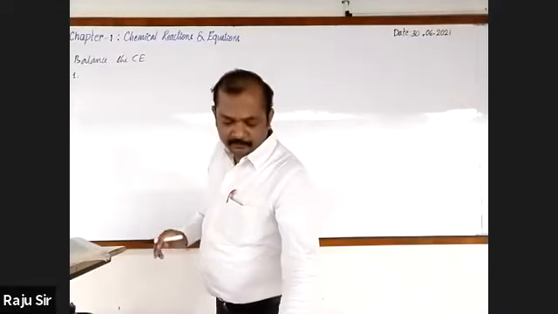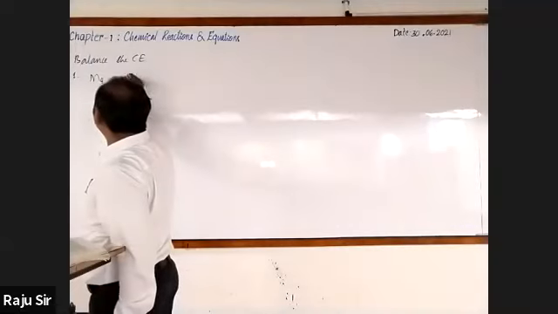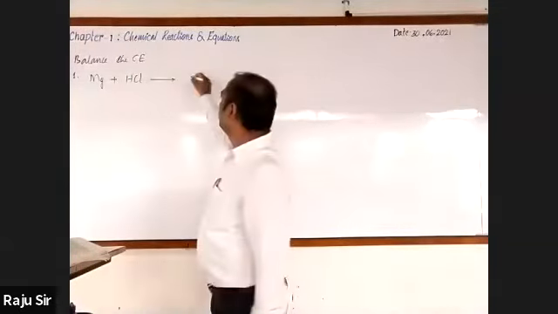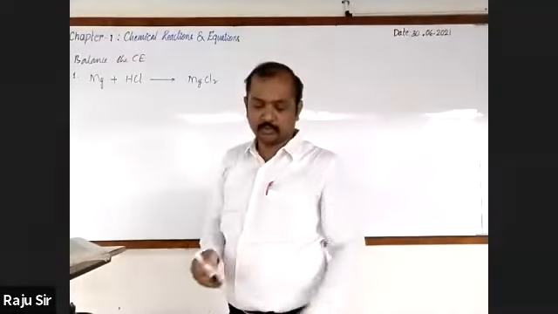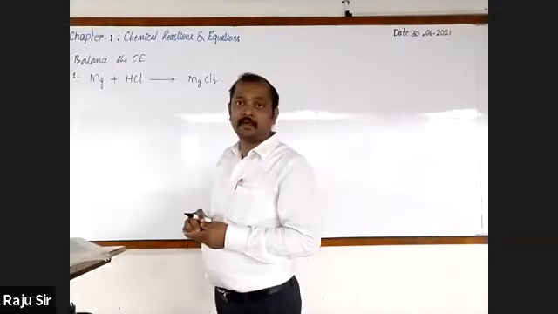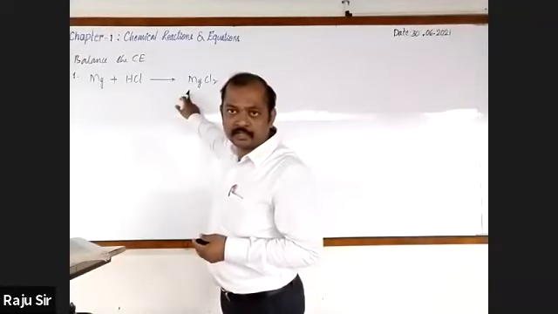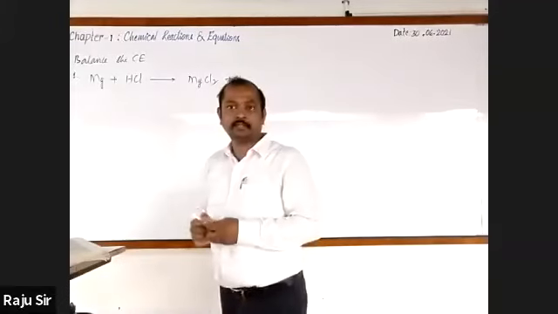Magnesium reacts with hydrochloric acid to form magnesium chloride, that is MgCl2, plus hydrogen. Here a metal reacts with acid to form salt with the liberation of hydrogen gas, right?